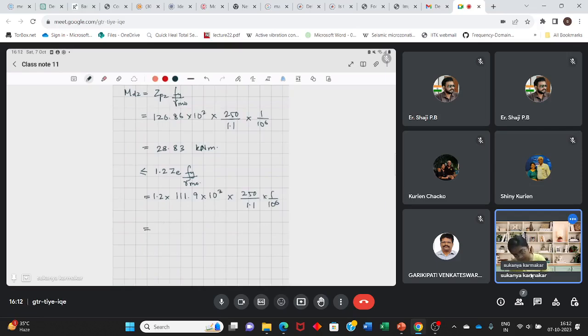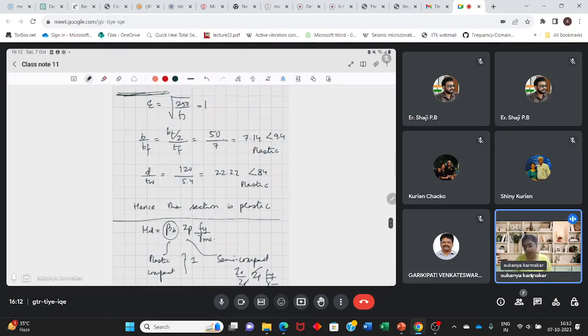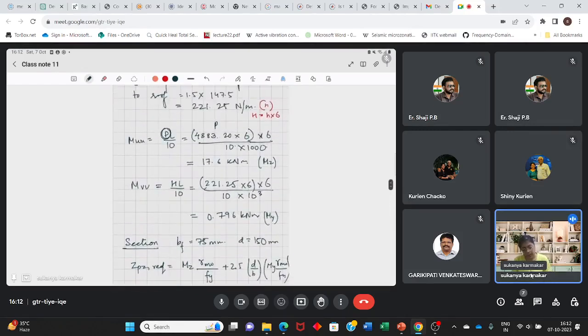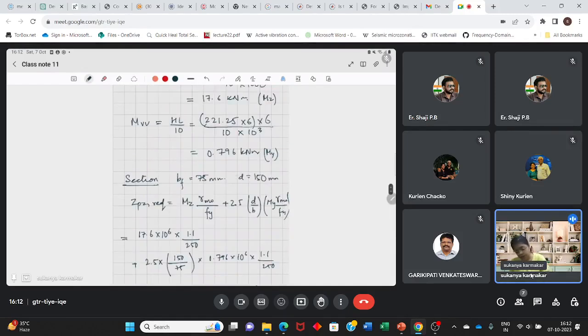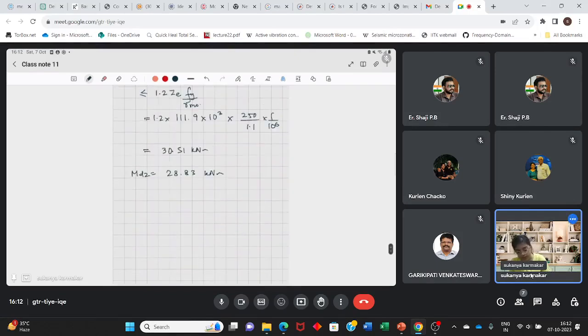So this is 30.5 kilonewton meter. So Mdz is equal to this, 28.83 kilonewton meter. And how much moment is coming on the section due to the load? This 17.6 is coming. Now this Mdz is greater than 17.6 kilonewton meter. So the section is fine.